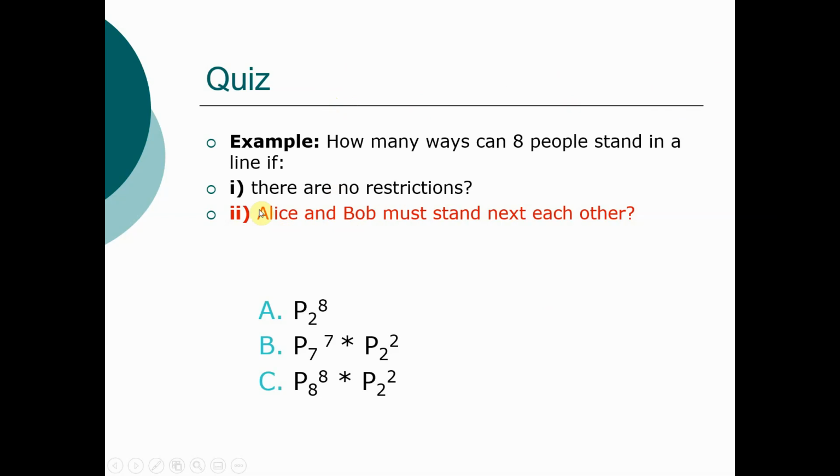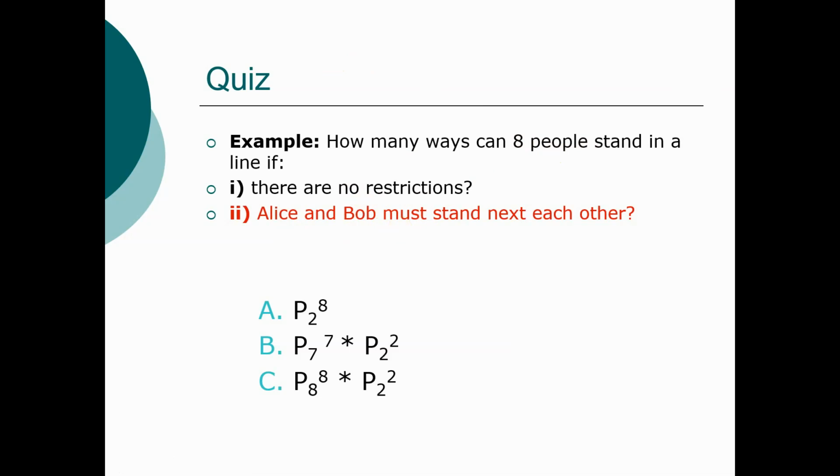And Alice and Bob, they're lovebirds, they want to be close to each other. So in that case, how many different options do we have? In how many different ways can we have these 8 people stand in a line if Alice and Bob have to be standing next to each other?